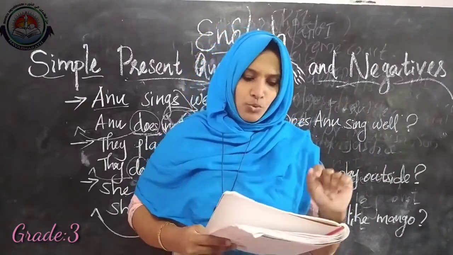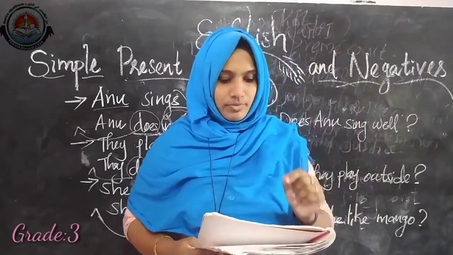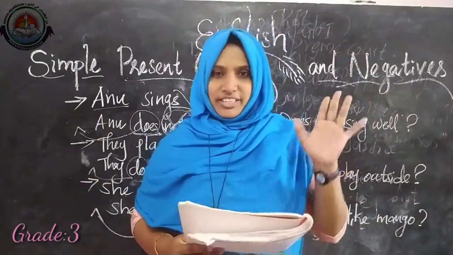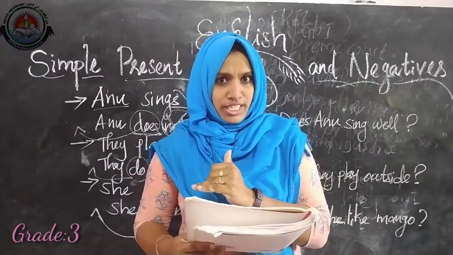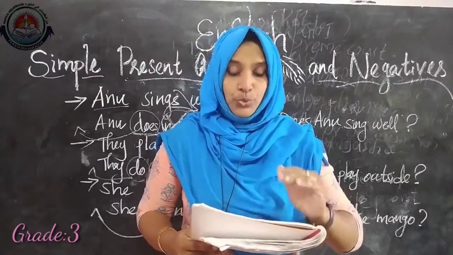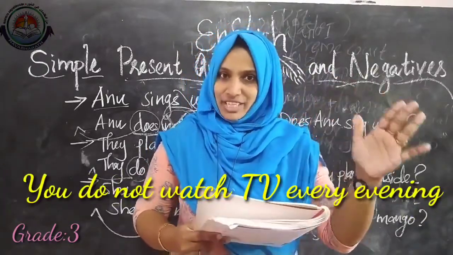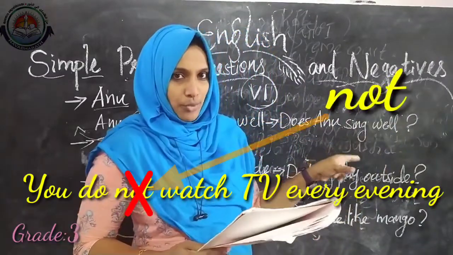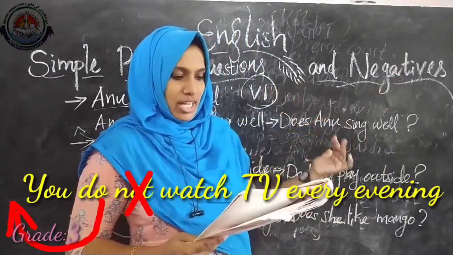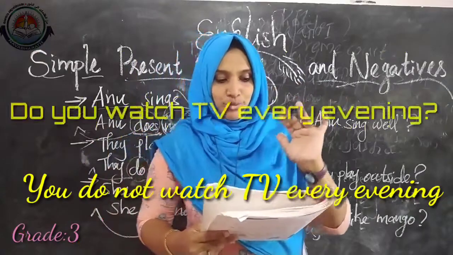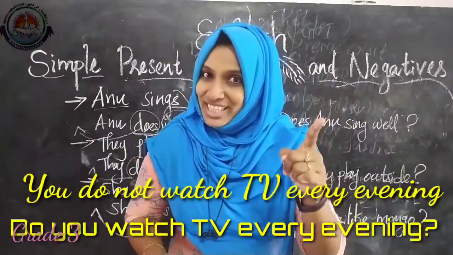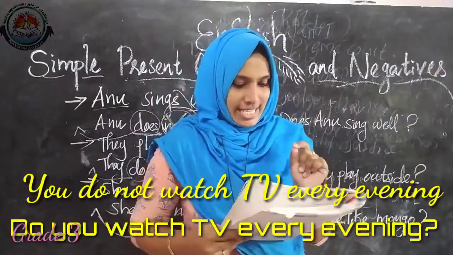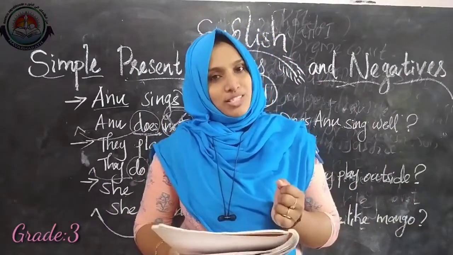Then B, you watch TV every evening. So change it into its negative form. It's like, you do not watch TV every evening. So this not will go out and take this do to the front. So the sentence becomes, do you watch TV every evening? Got it? Then see, he likes to read storybooks.